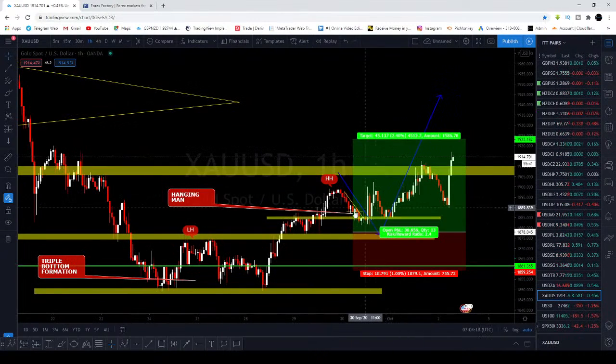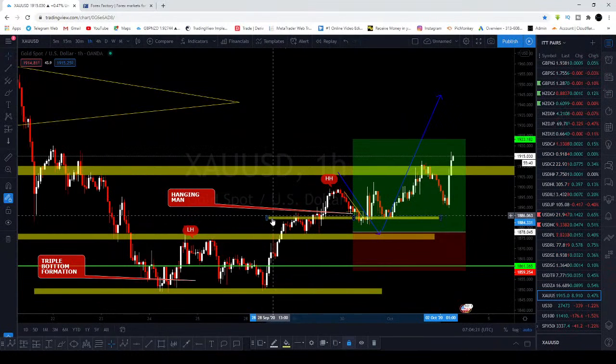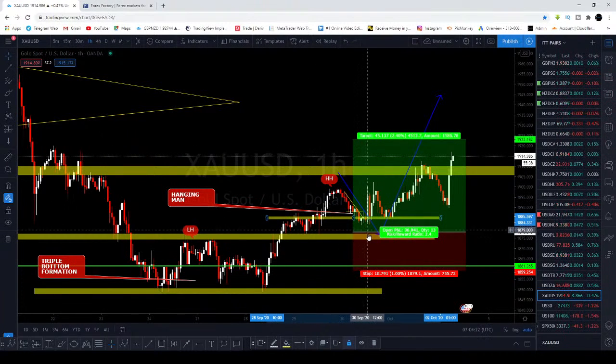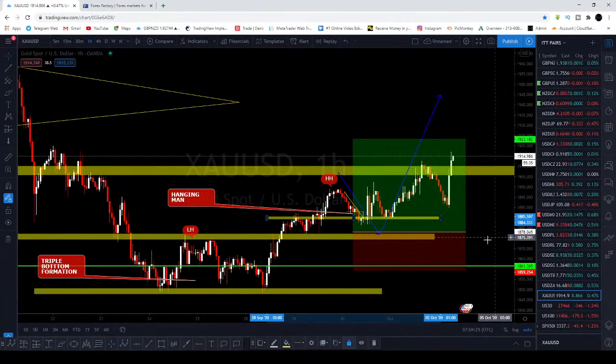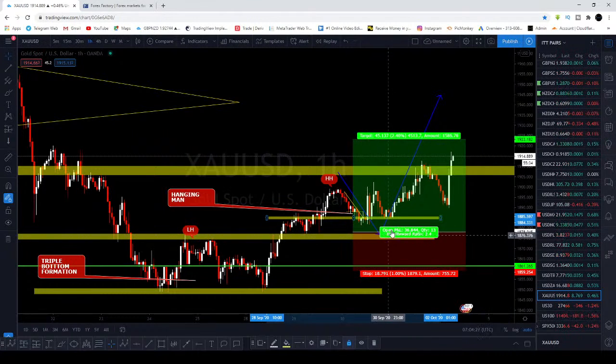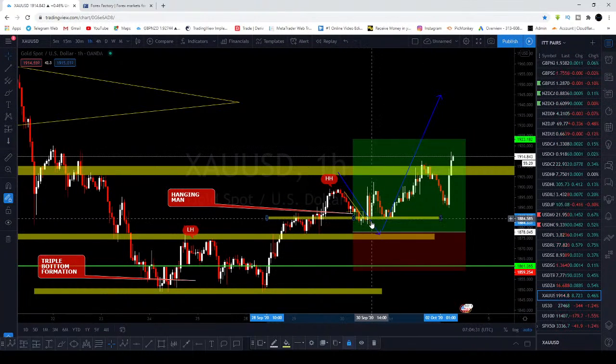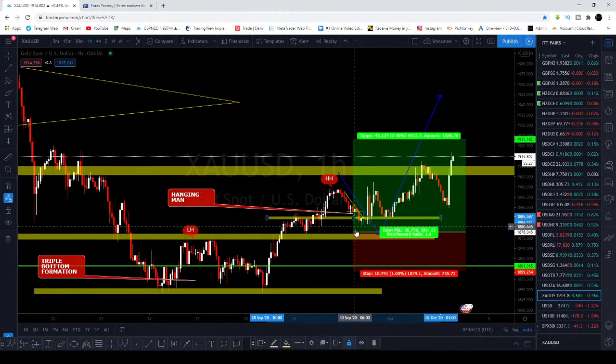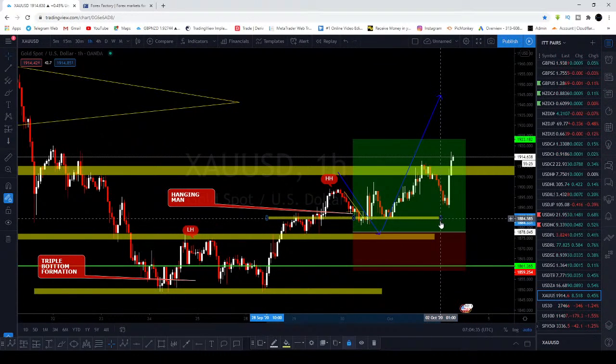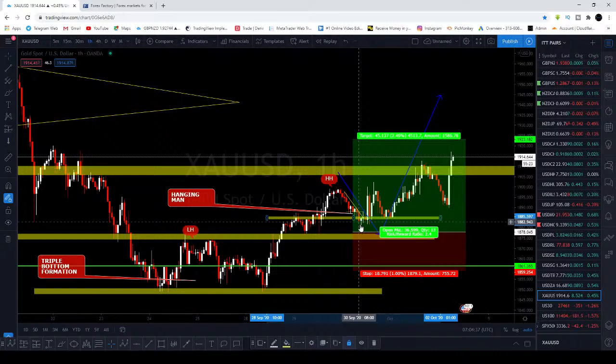And I did mention that if this particular support breaks out and closes below it, then definitely gold will come down to this point before you start buying. And of course, gold did not close below it, right? As you can see, this is my support line, but it didn't close below it as we needed it to.